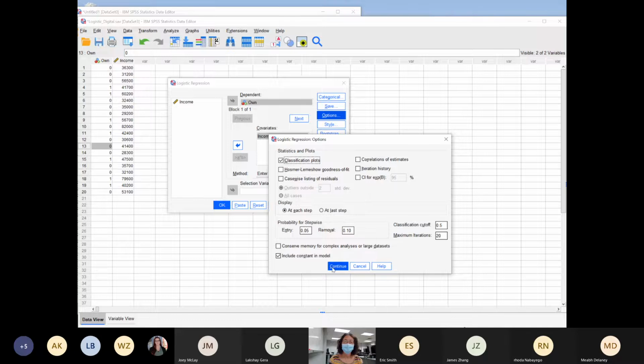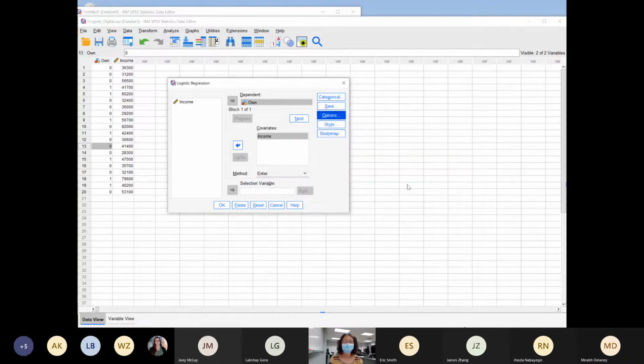And then click continue. And then click OK button.